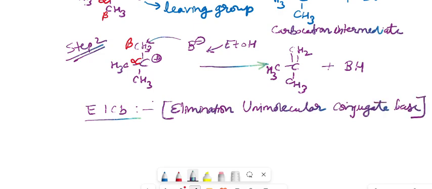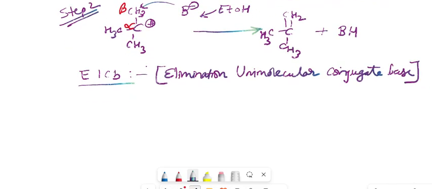And here we can see that there is the difference from the E1 mechanism. Suppose take one example of one alkyl halide. This is alpha carbon and this is beta carbon.